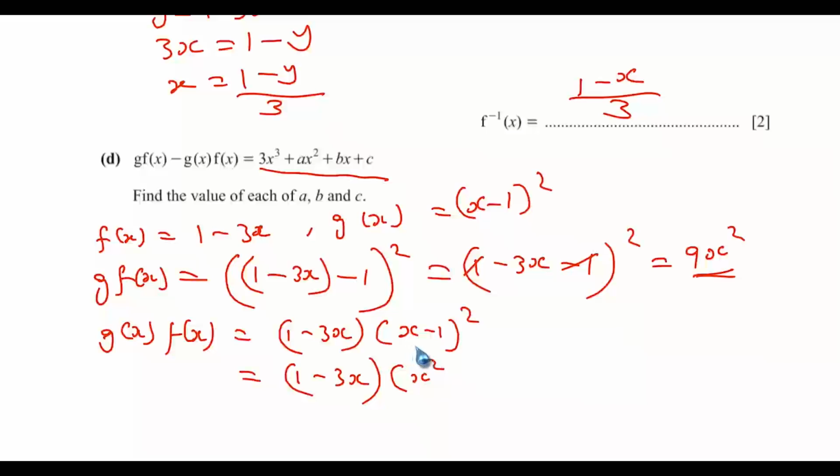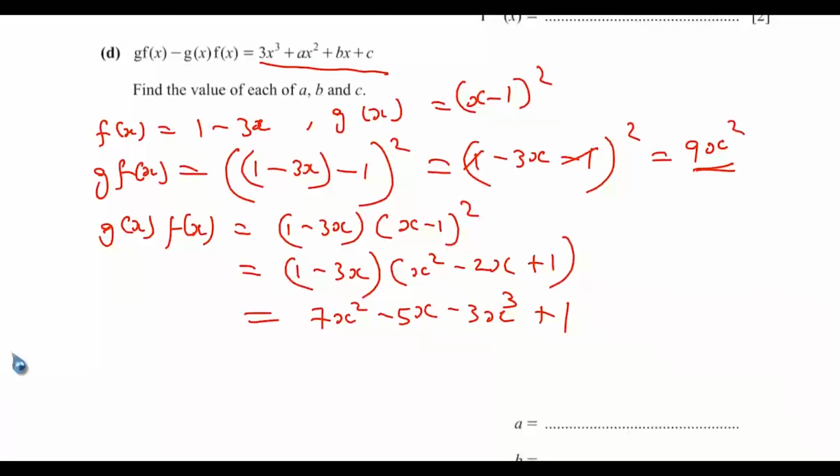Minus 1 times x is minus x, times 2 is minus 2x, and minus 1 squared is plus 1, that's the shortcut. So you need to expand this. If you expand and simplify very well, you should get 7x squared minus 5x minus 3x cubed plus 1.